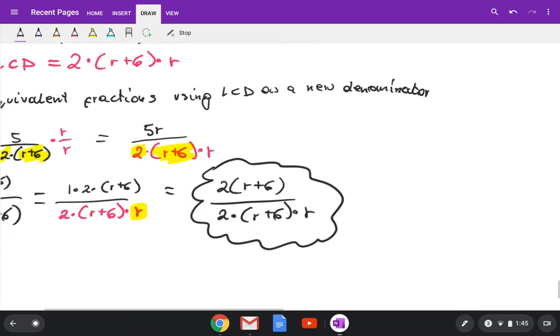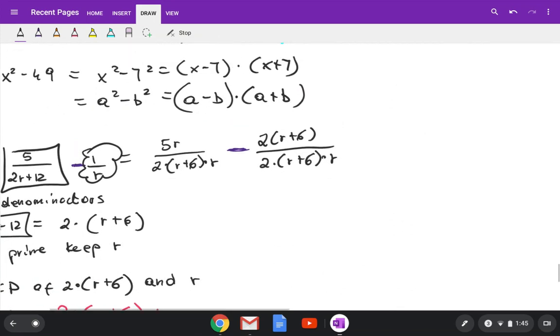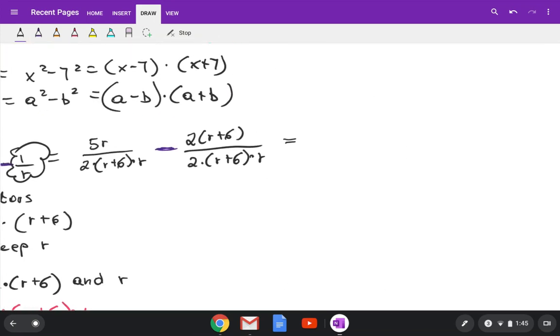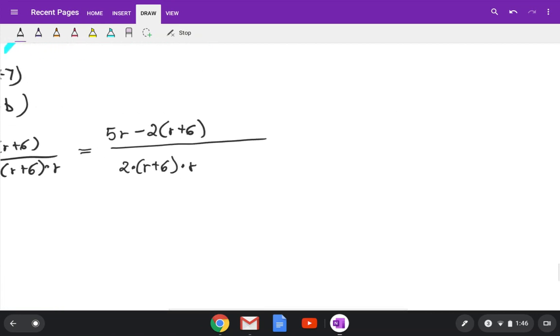Okay. And now we're ready to subtract them. So we have the same denominator. So you copy the denominator, which is 2 times r plus 6 times r. And you subtract the numerators. So you have 5r minus 2 times r plus 6. So now when you simplify, here I want you to distribute negative 2 to both.